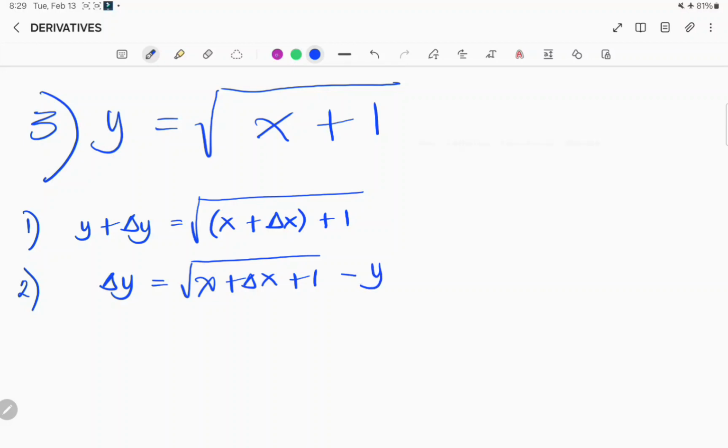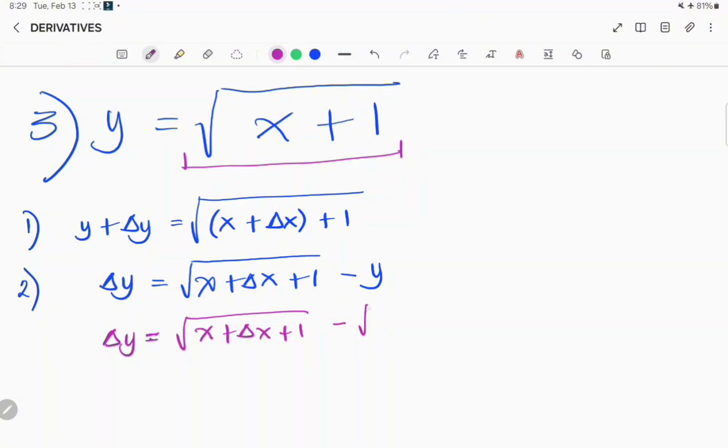And I know that the value of my y is this radical, square root of x plus 1. So I can change this y into, let me just rewrite it, the square root of x plus change of x plus 1 minus the square root of x plus 1. We cannot simplify the right side anymore.